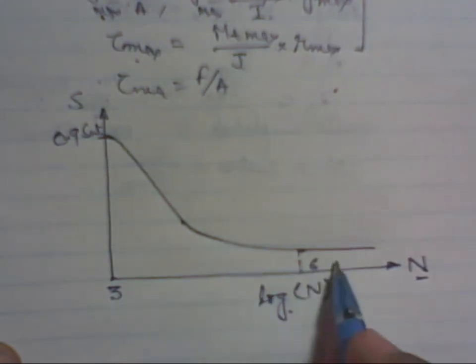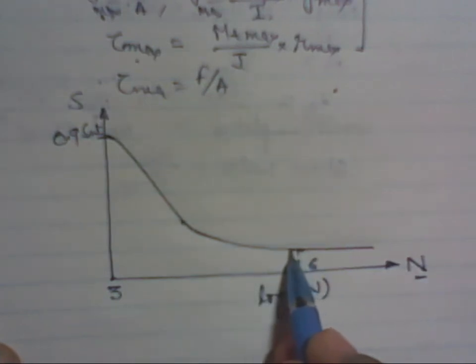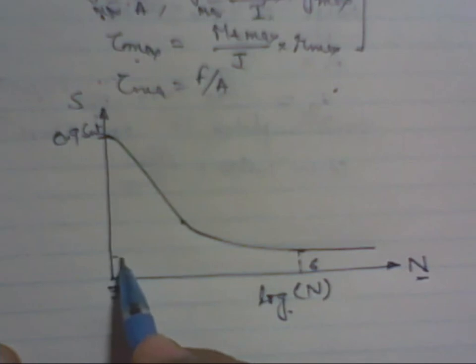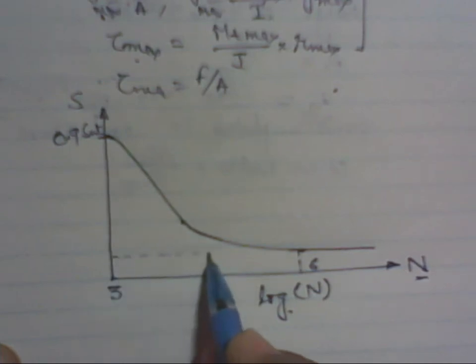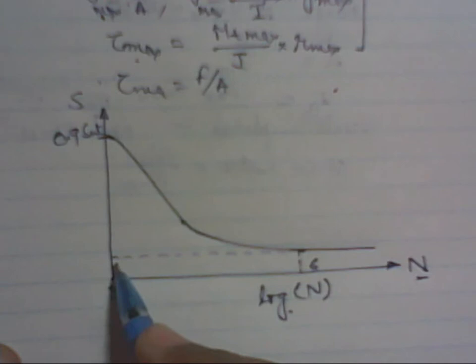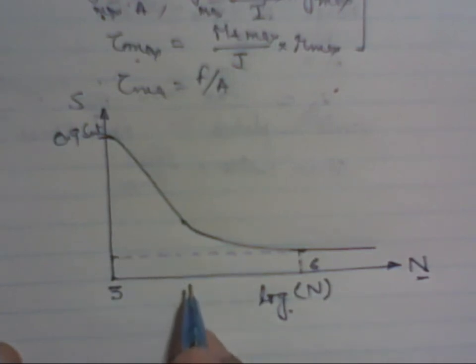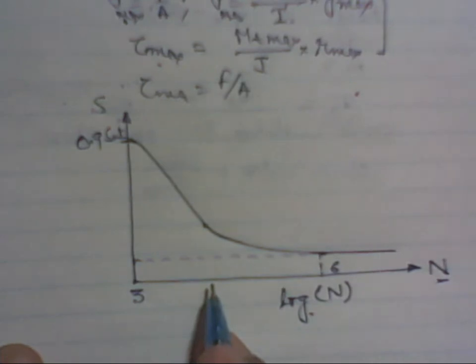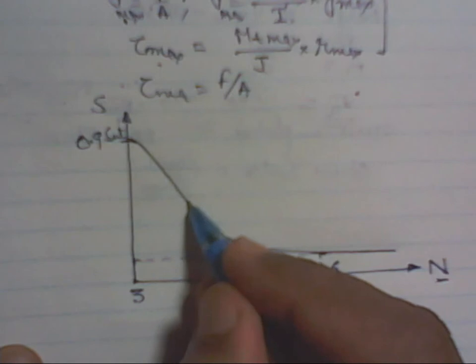After 10 to the power 6 cycles for steel, approximately, this curve becomes parallel. So it means that if the stress induced in that component is below this value, then the component will not fail for an infinite number of cycles, for any number of cycles.